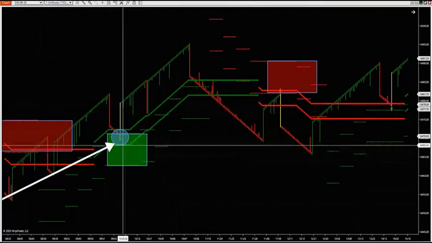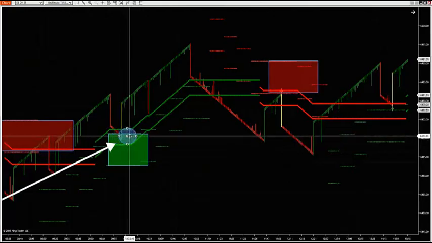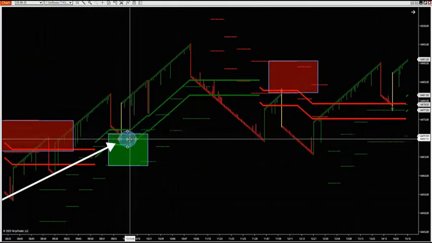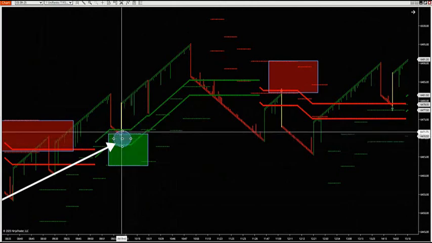If it closes back below this little bubble in here, it's not going to form, right? You won't get an arrow, and you won't get a yellow candle.